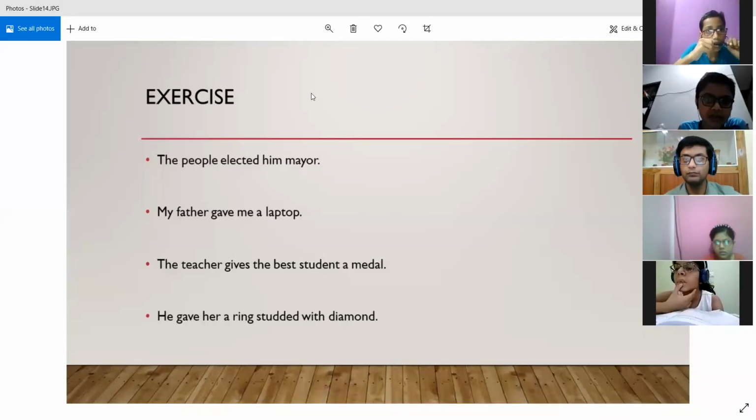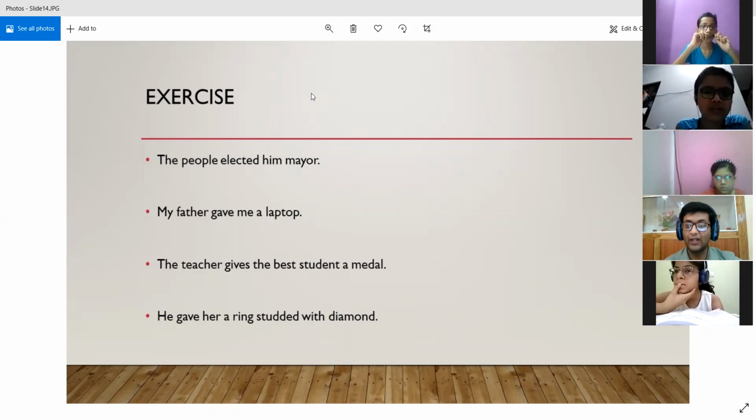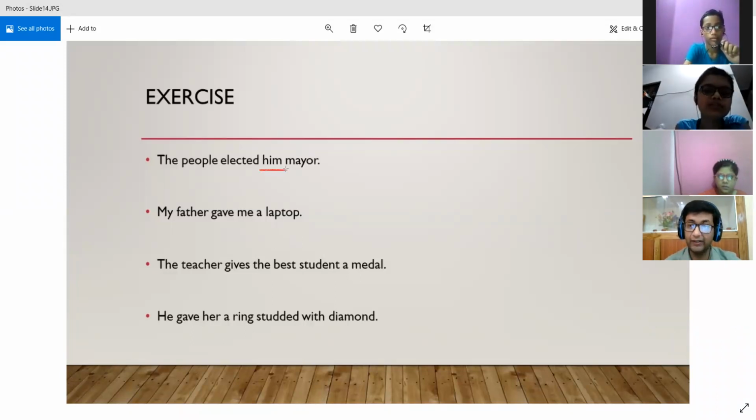The people elected him mayor. The mayor was elected by the people. Now see, this is the case of object and the complement. All right. Him is the main object over here, right?